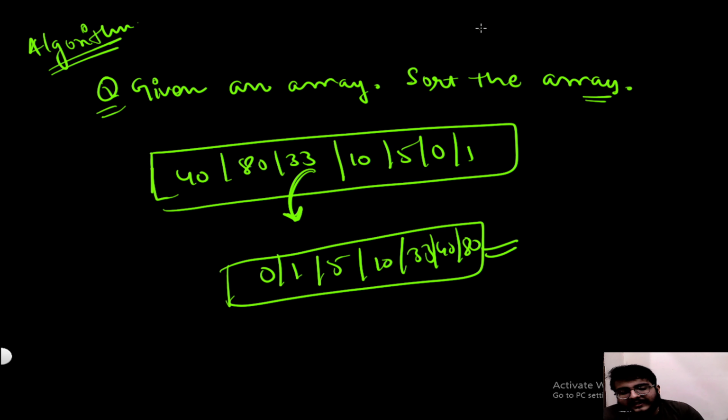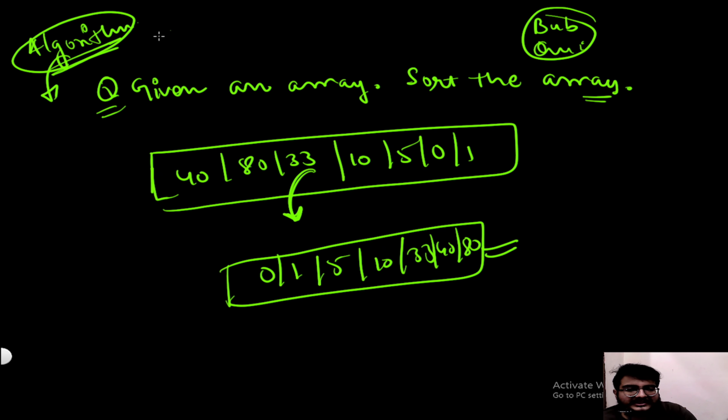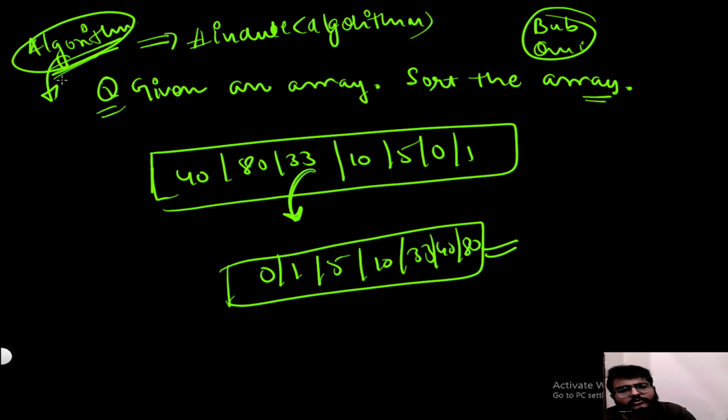So this can be done with various sorting algorithms which we will be discussing in the course, such as bubble sort, quick sort, etc. But I will consider an algorithm here which is present in the algorithm library, #include <algorithm>. Now this is basically a function.